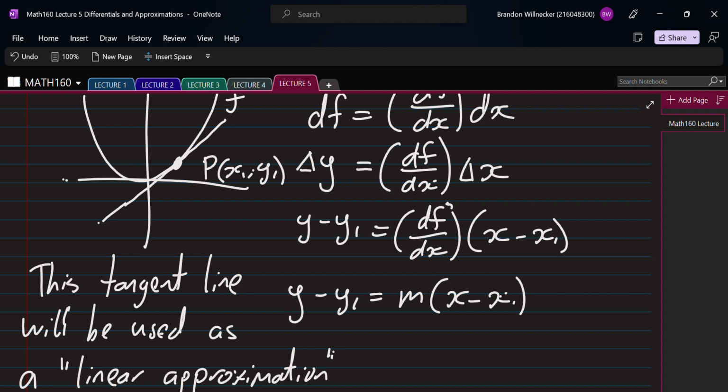But as we move further away from P, we get a larger and larger discrepancy between the two graphs.